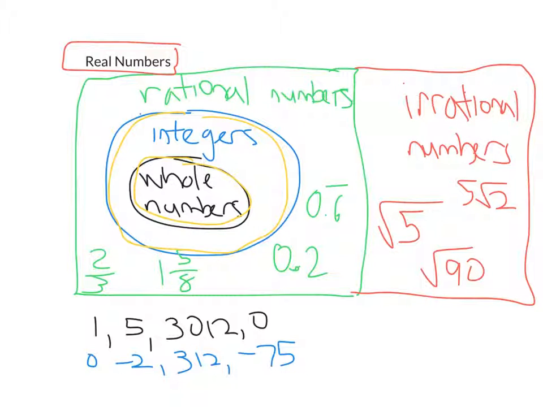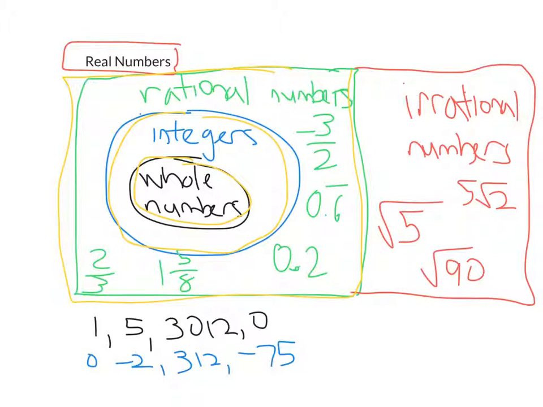Then we've got rational numbers. In those rational numbers, we're going to have all of the integers, because you can have negative fractions as well. So I could have -3/2. That would be a rational number also.